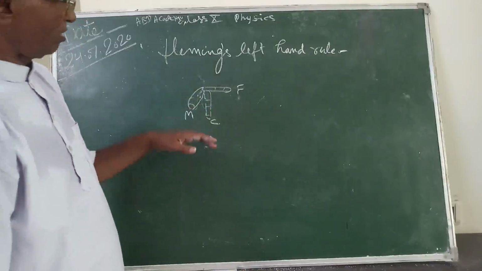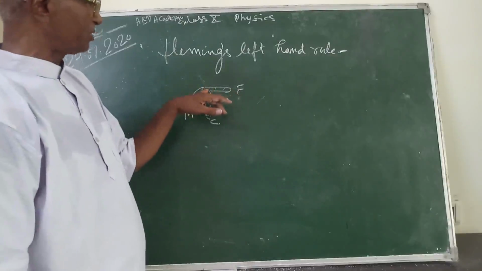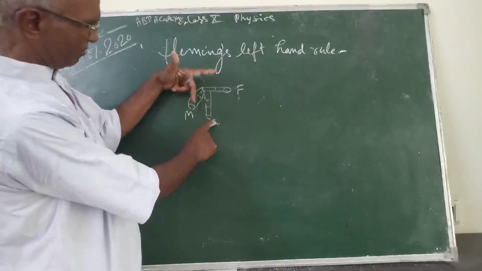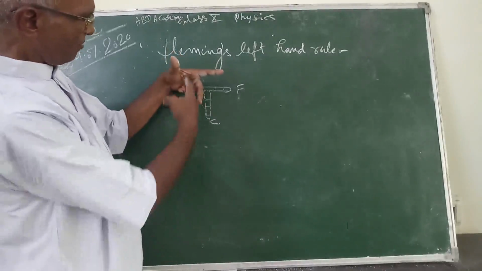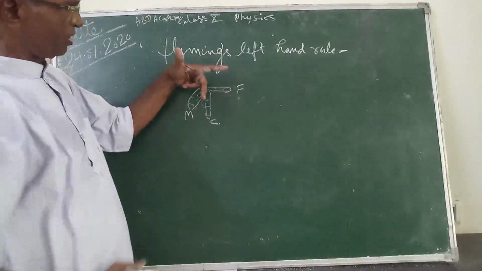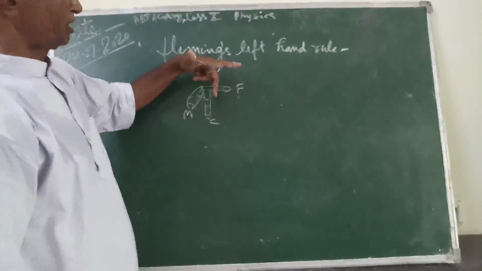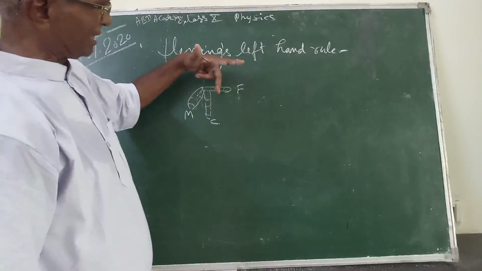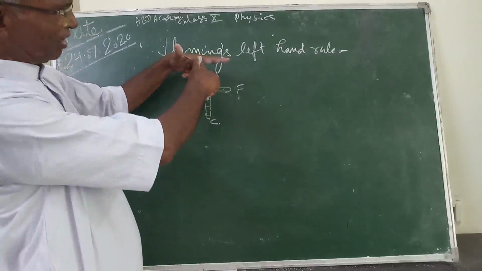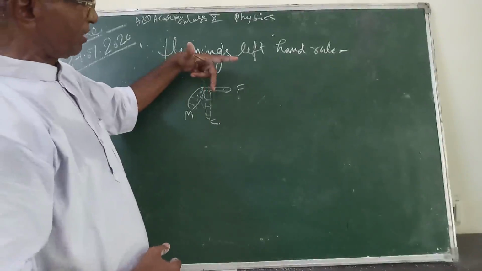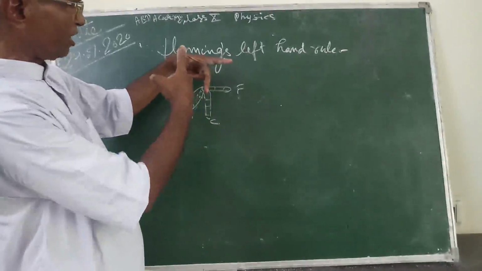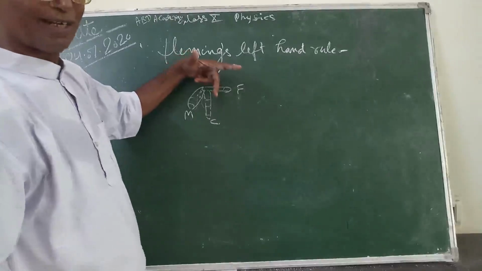As shown in the figure, F represents the first finger of the hand, the middle finger represents C, the current, and motion is given by the thumb, written M in the figure. So Fleming's left hand rule states that if one stretches three fingers mutually perpendicular to each other, such that the first finger represents the direction of magnetic field, the middle finger represents the direction of current, then the thumb will represent motion of the conductor.